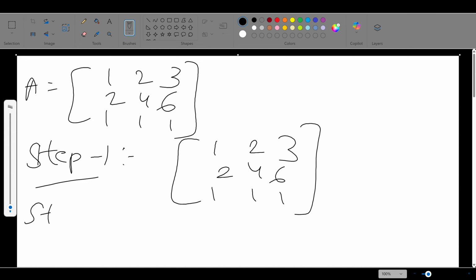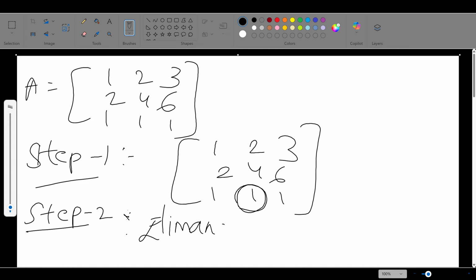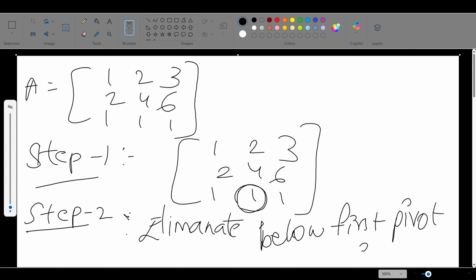Next, step 2: eliminate below the first pivot element, which means row 1 column 1. Row 1 column 1 is basically the 1. Just write this first: eliminate below the first pivot element.